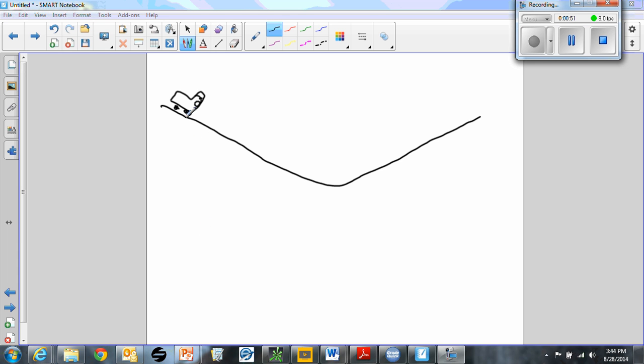And so what do we know? We know that the acceleration is positive 3, so that's 3 meters per second squared. We know the initial velocity is 0 because it's parked at rest when it starts rolling.